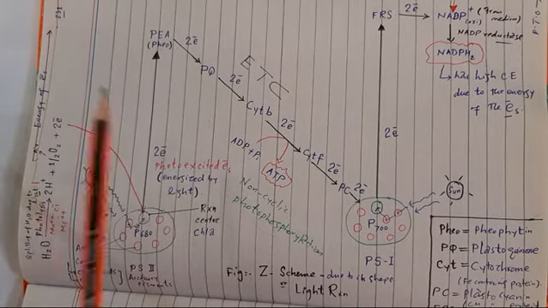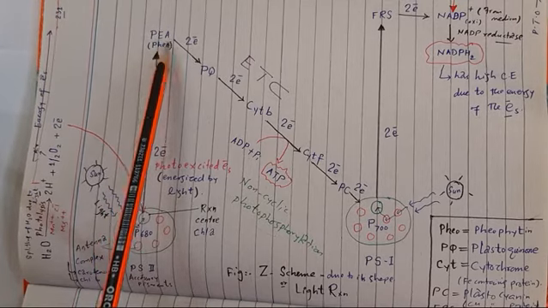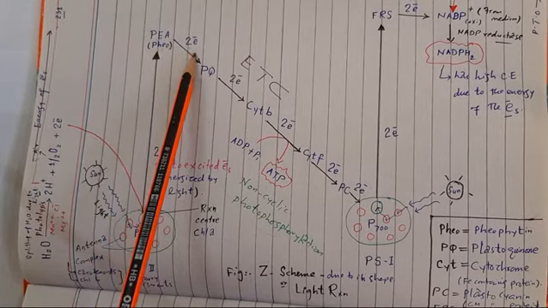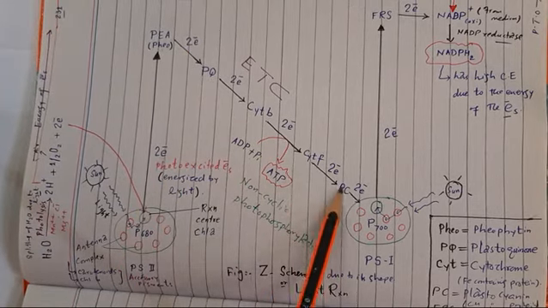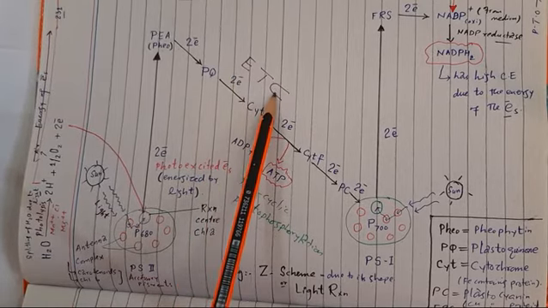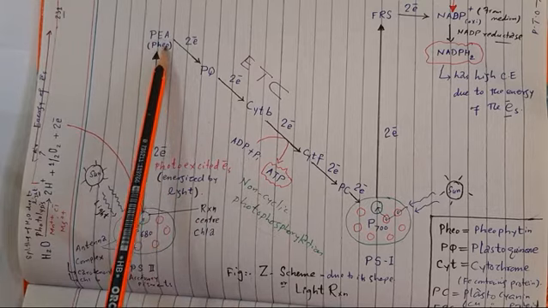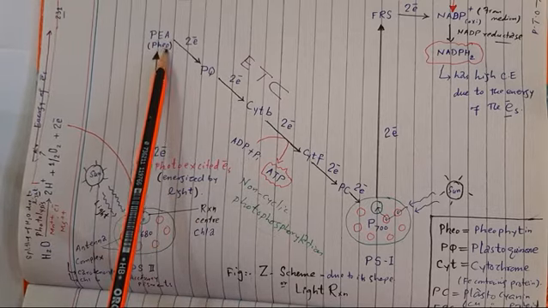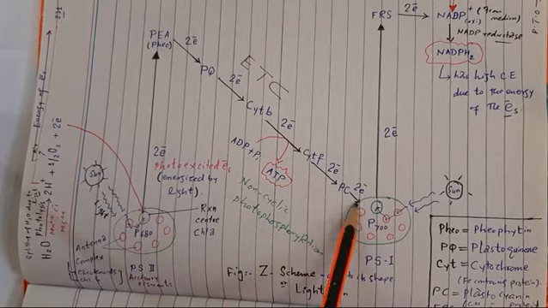Now, if you look into the diagram and the arrows, from the primary electron acceptor the electrons pass through a series of electron carriers, making an electron transport chain, meaning the chain through which electrons are transported from the primary electron acceptor of photosystem 2 to photosystem 1.